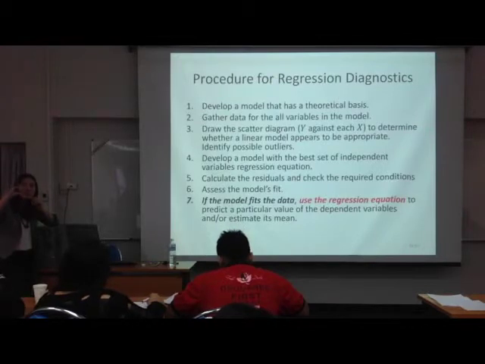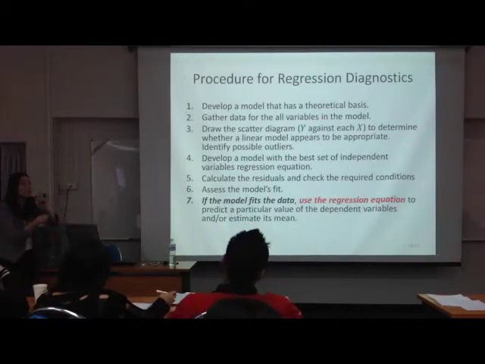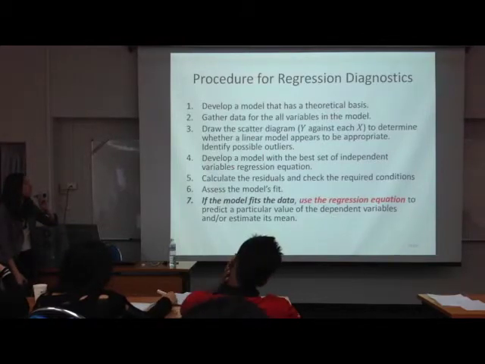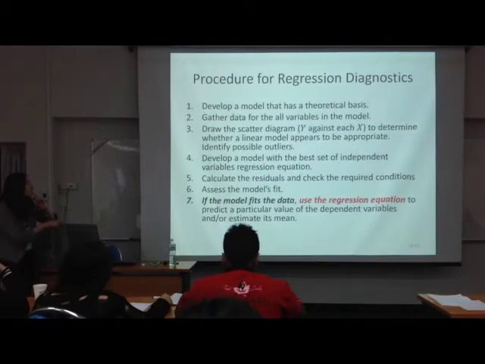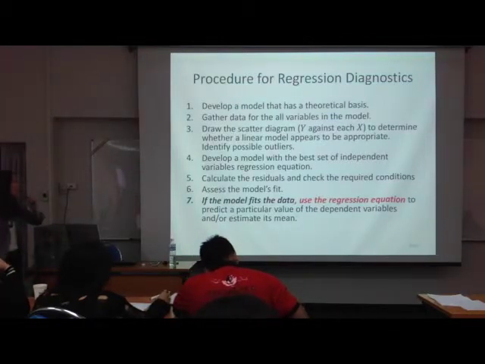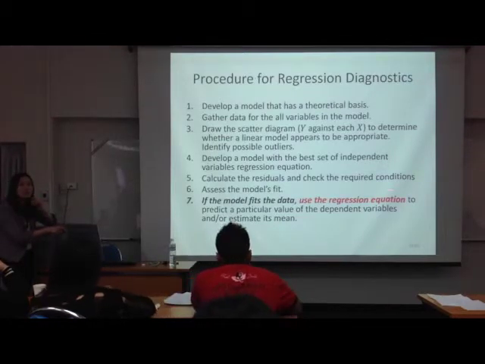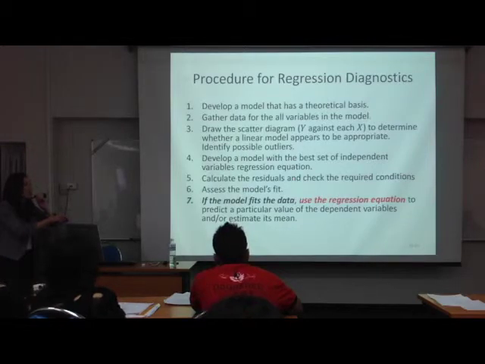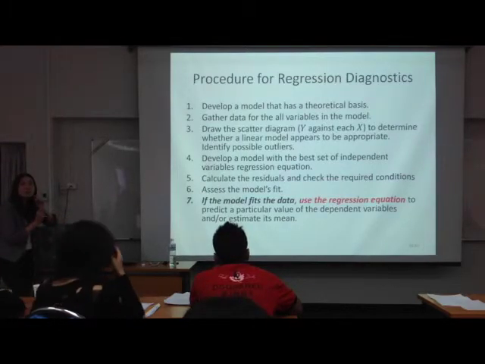That's the initial model. Then you develop a model, get the regression coefficients, calculate the residuals, and check the conditions on the error term. If the model fits the data, you might use the regression model for prediction. But if some required conditions are violated, then you might need to try to solve the problem.